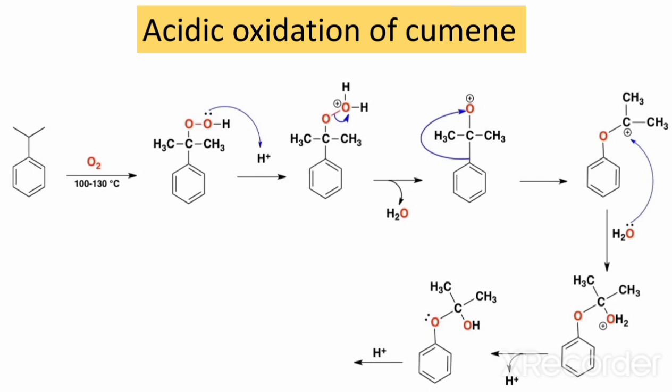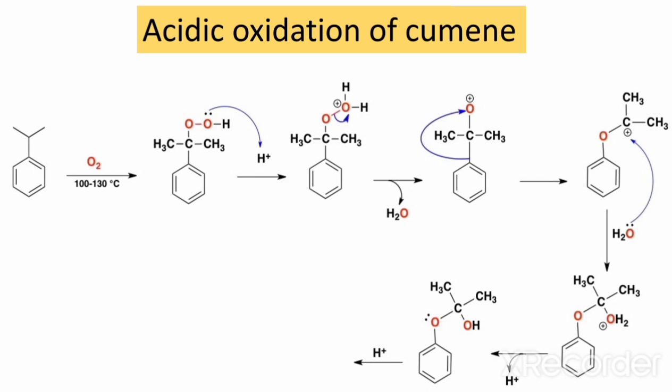We will react the cumene with an oxygen molecule at a temperature of 100 to 130 degrees Celsius, and a temporary compound will form, in which the secondary carbon that is directly attached to the benzene carbon has the oxygen molecule attached.